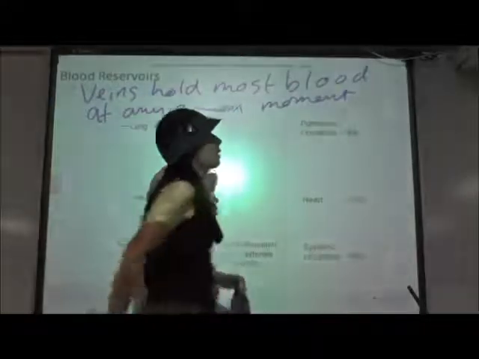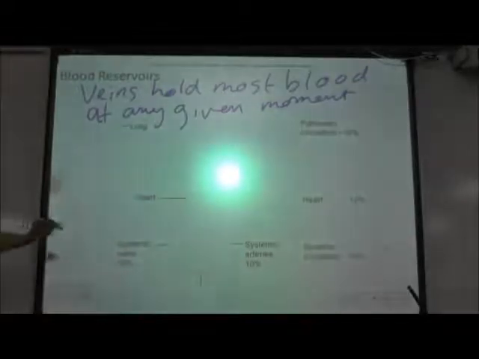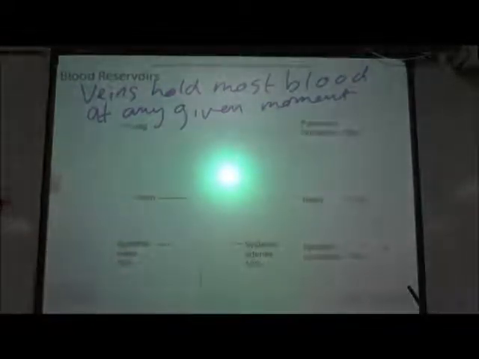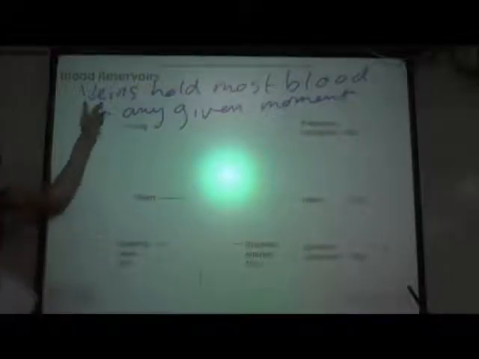So when we talked about ways that you could alter stroke volume, we said that one way to do that was to increase venous return. You can do that by pumping more blood out of those veins. It'll come out of that reservoir and enter the heart so that we have increased stroke volume, which would help to increase cardiac output.